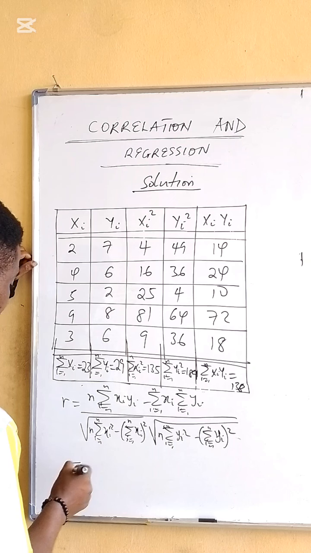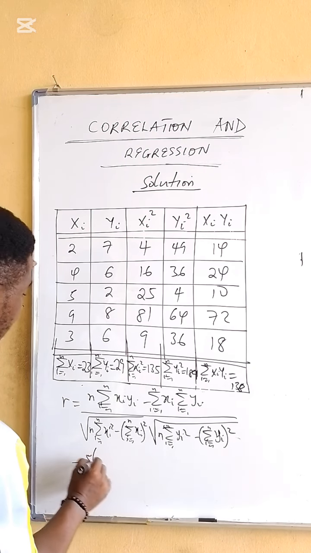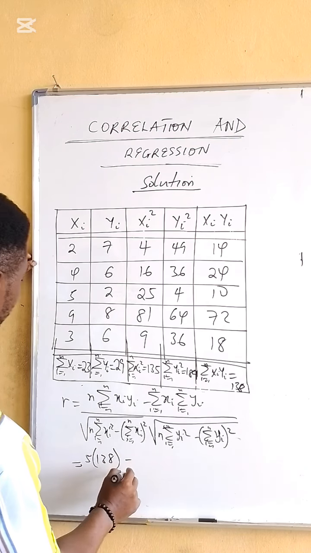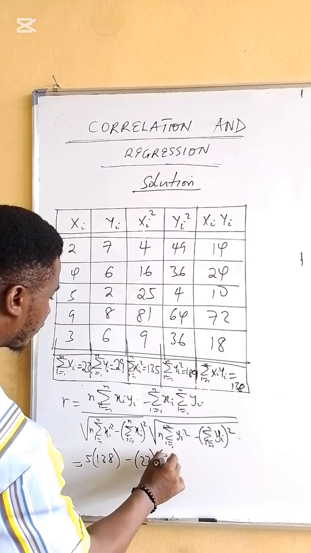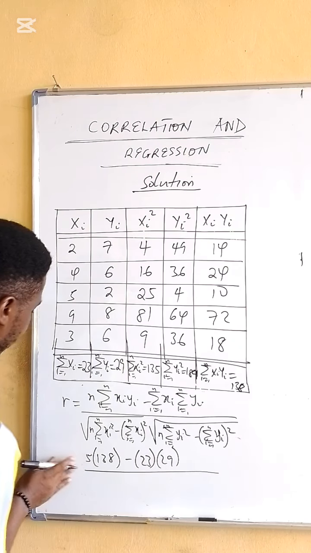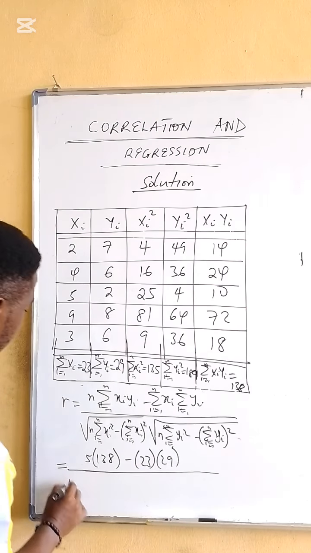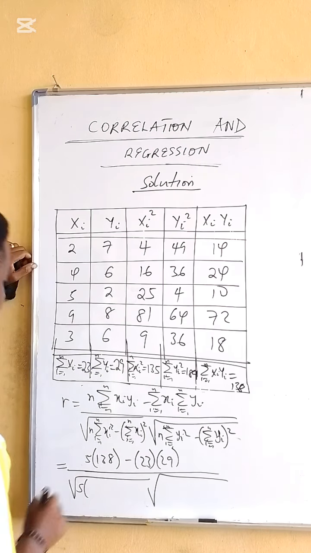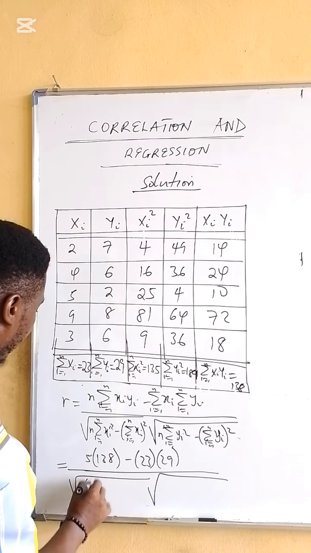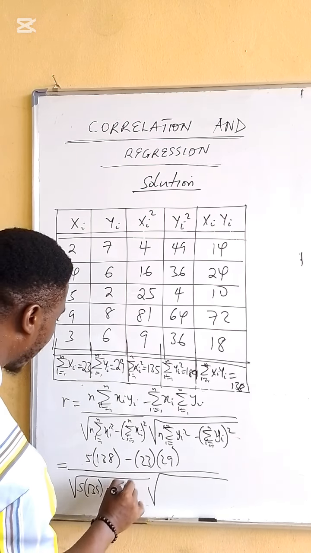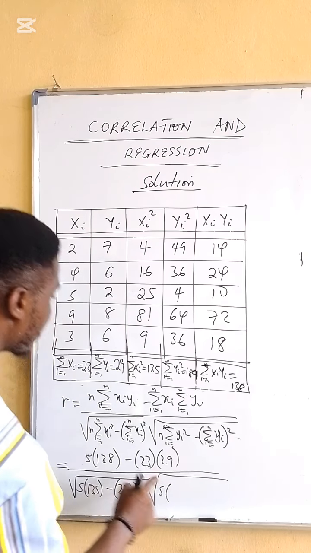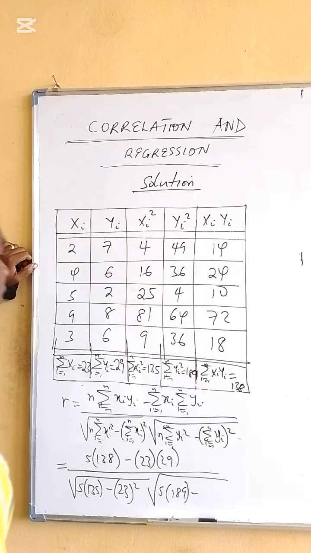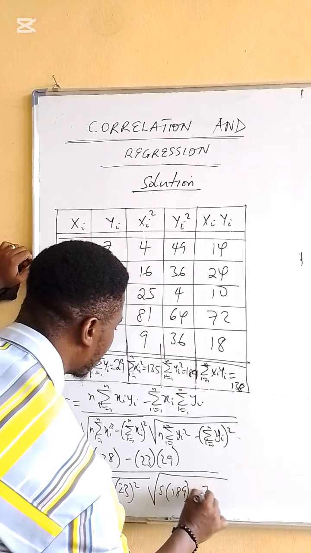We had already computed our numerator: 5 times summation xi yi, which is 138, minus summation xi, which was 23, times summation yi, which was 29, all over the square root of 5 times summation xi squared, which was 135, minus summation xi, 23, all squared, times the square root of 5 times summation yi squared, 189, minus summation yi all squared, that is 29 all squared.